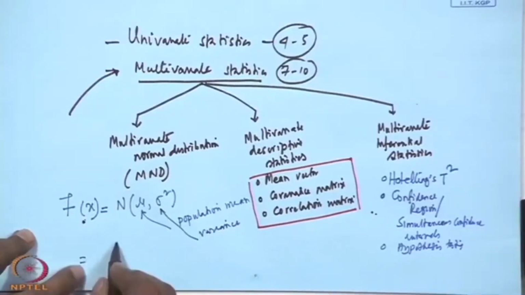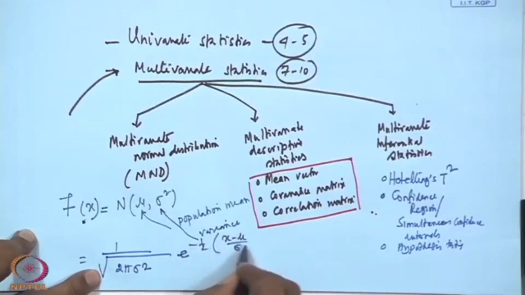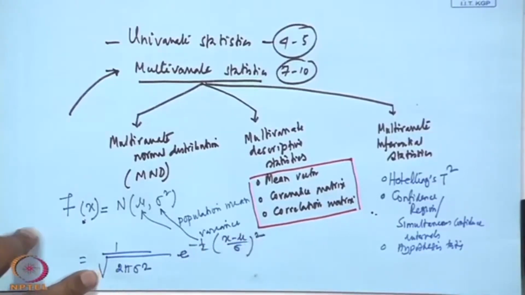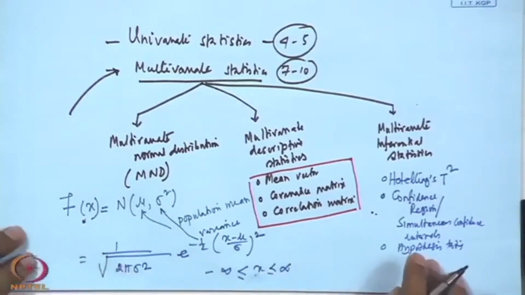The density is 1 by square root of 2 pi sigma square, e to the power minus half ((x minus mu) by sigma) square, where x lies from minus infinity to plus infinity. Okay, it is visible.